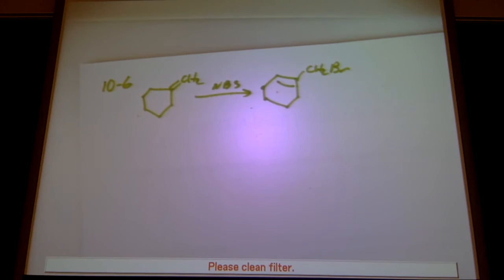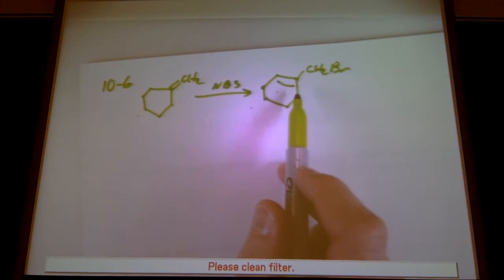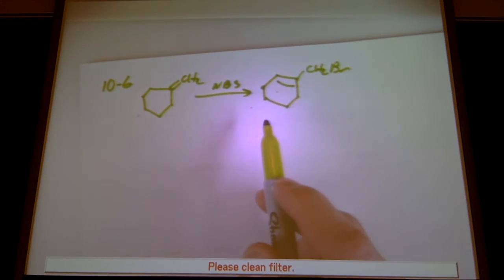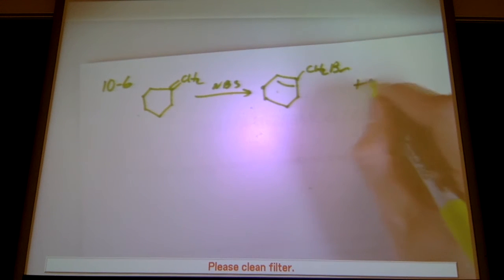Explain. So it says this is the major product.